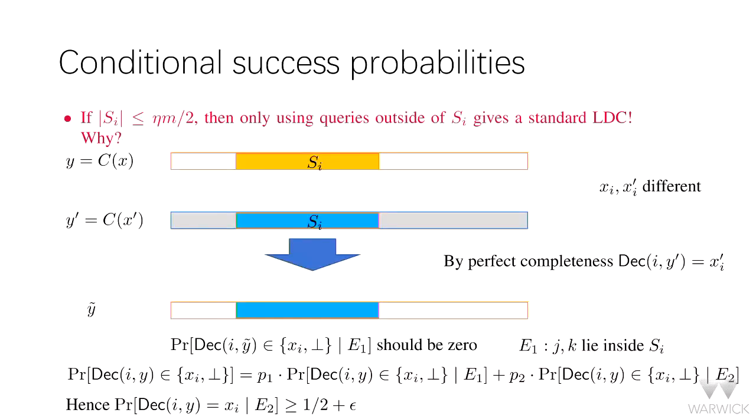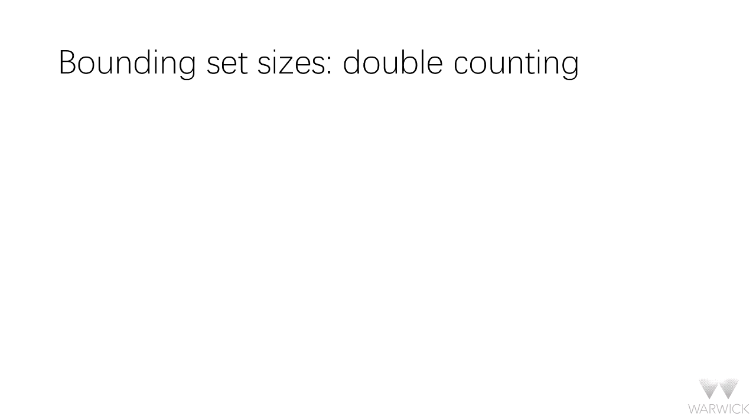So one can deduce that the second part, the conditional probability conditioned on E2, should be at least half plus epsilon. So if we have this case, then one can notice that we can transform this relaxed decoder to a standard decoder. So the only thing we need to show is that the size of S_i has to be bounded.